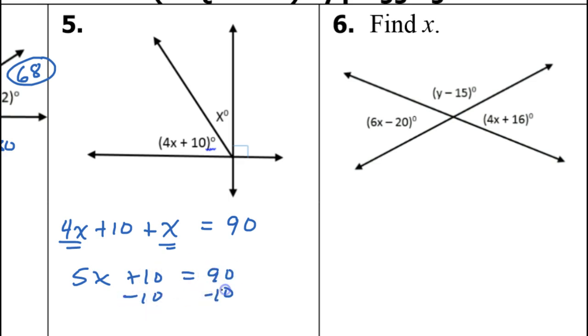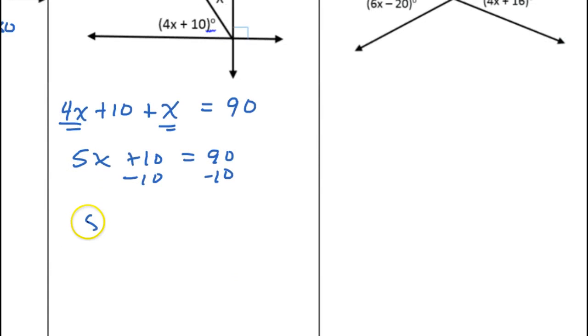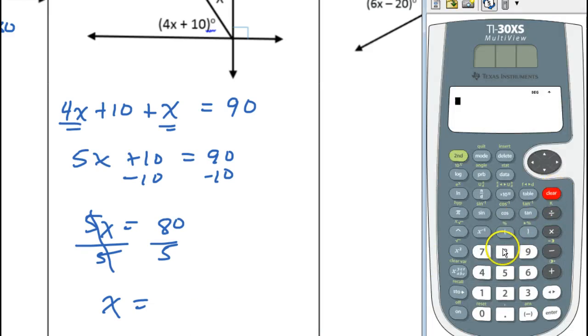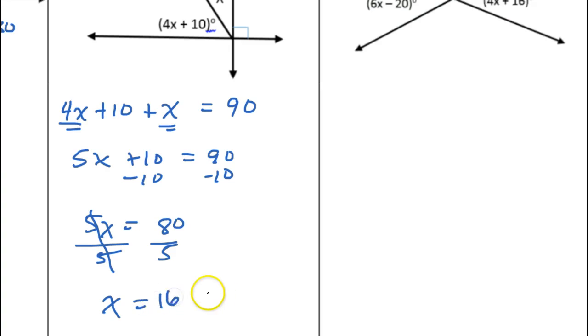Subtracting 10 from both sides, that gives me 5x is equal to 80. And then you divide both sides by 5. So I think this is 16. Okay, so x is equal to 16.